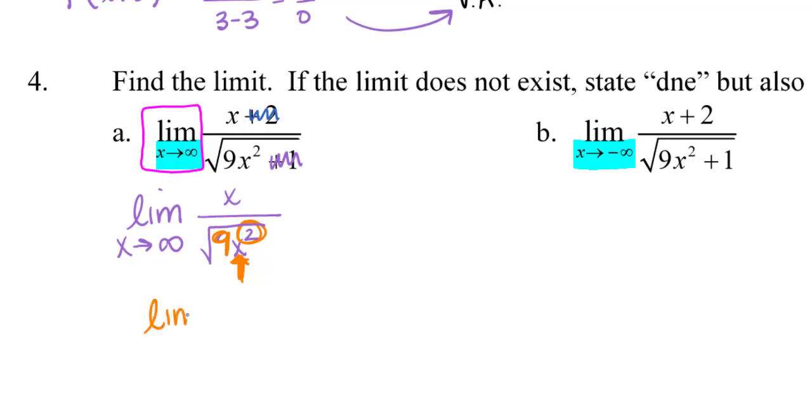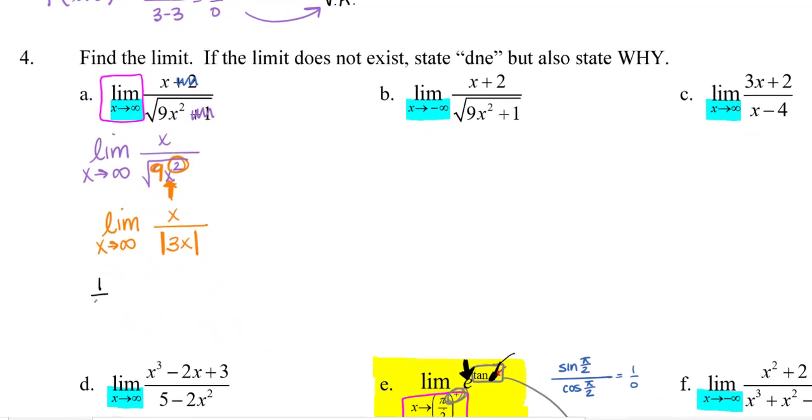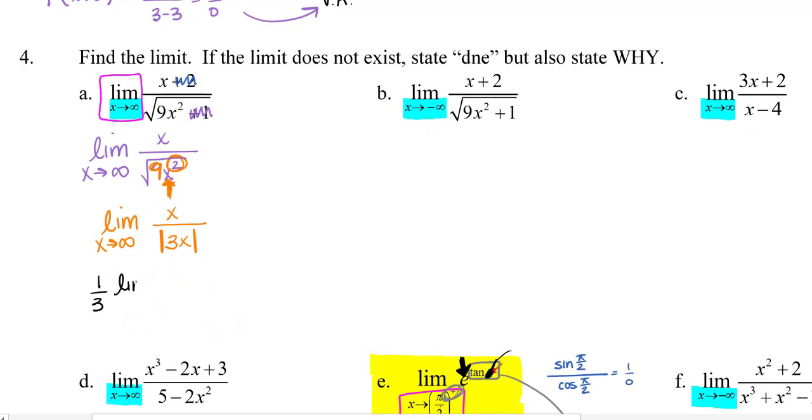So if I truly look at the square root of 9x squared, it's actually the square root of 9 is 3 and x, and those are in absolute value bars. Now the positive 3 could be taken out. So we could write, since it's in the denominator, using my limit properties, this is the same limit as well, with the 1/3 out front.